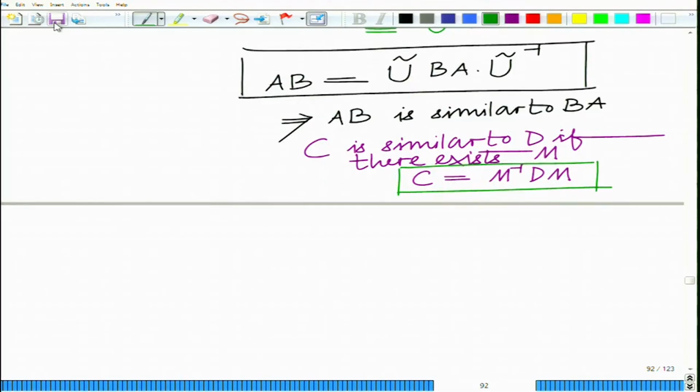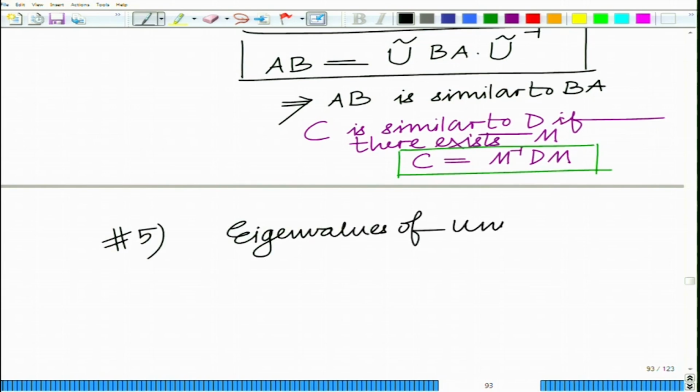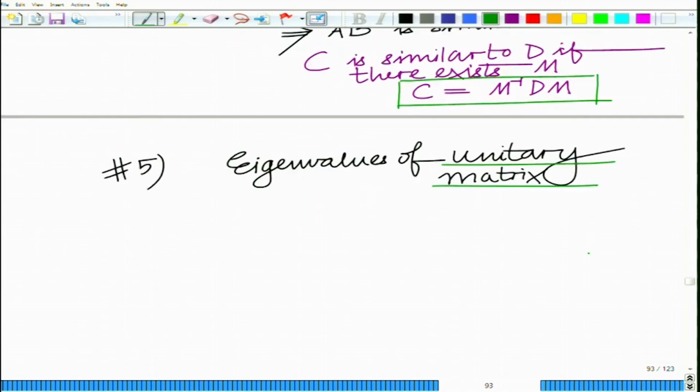Okay, alright. Let us now look at another interesting property, that is the eigenvalues of a unitary matrix. So, this is our example number 5, again another simple property. What can we say about the eigenvalues of a unitary matrix? Now, let U be a unitary matrix.